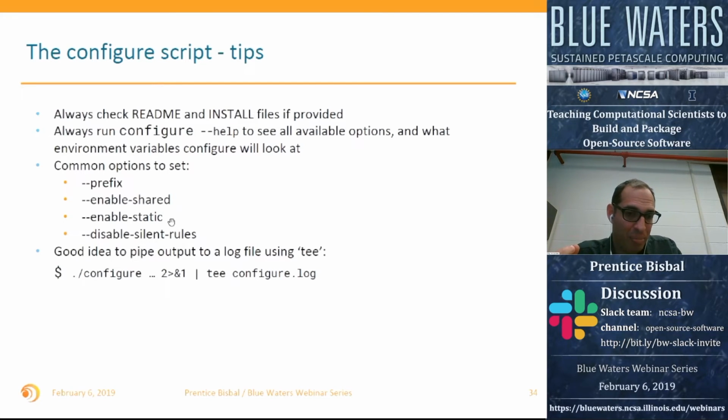For me as a system admin in particular, I like to specify both because some users prefer static, some prefer shared, and I like to make sure everything's available for my users. And generally, I find that you never know what situation you're going to be in the future. I've been in a few situations where some packages will not build against dynamically linked libraries and require static, for one reason or another. So just to make sure I don't have to go back and rebuild the package that I built a year ago, I just like to cover my bases and do all that.